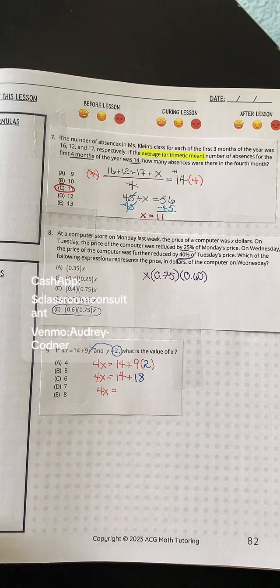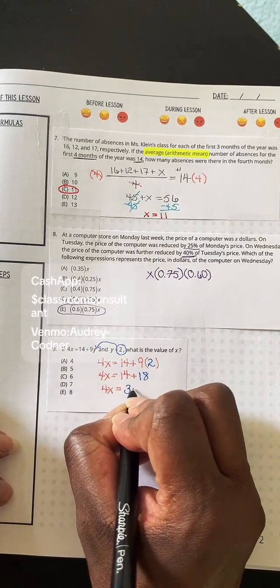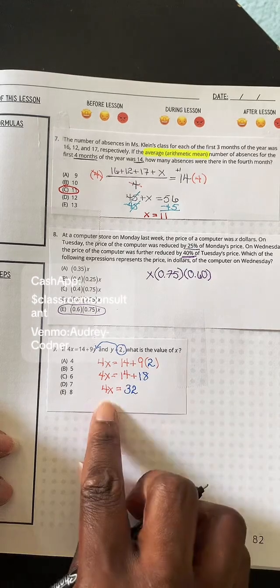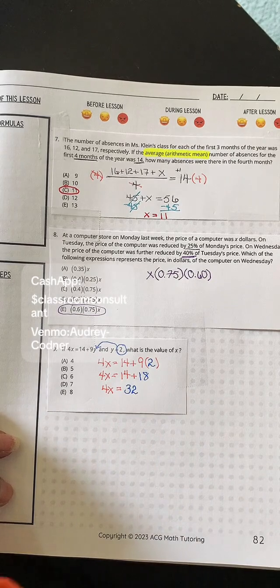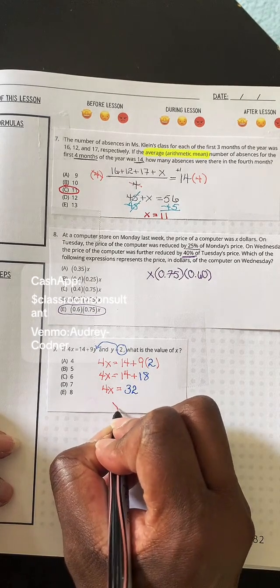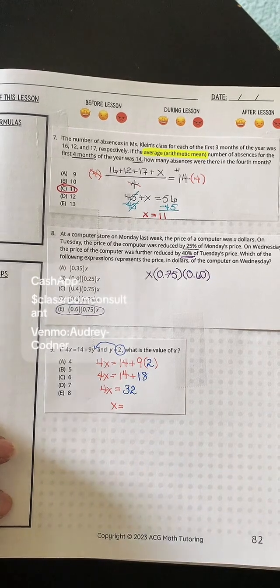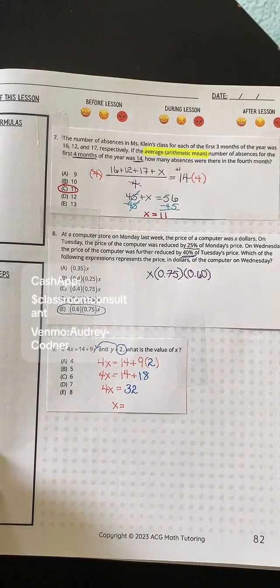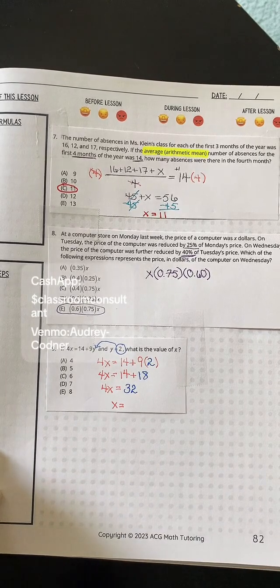Okay. So Jason's telling me 32. Good. So if 4x is equal to 32, what would x equal? Let's go back and learn something. There you go. Good, Tomas.